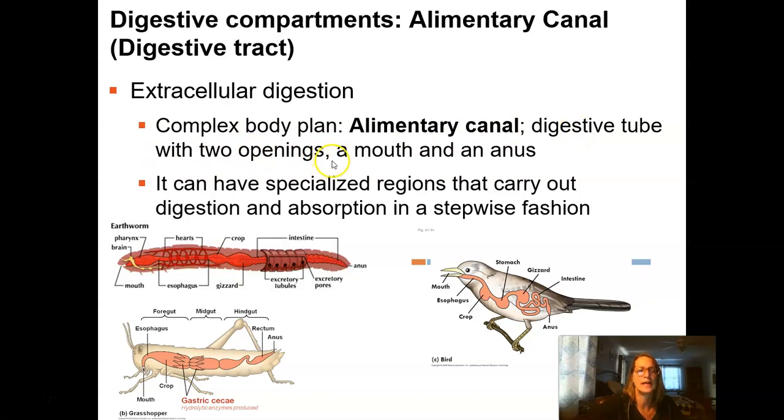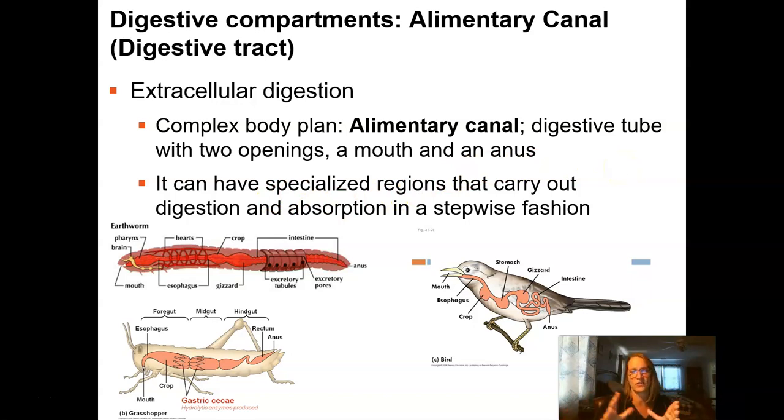Okay, so again, the digestive tract is exposed to or in contact with the outside environment. An alimentary canal has two openings that are exposed to the outside environment, the mouth and the anus. And one of the benefits of the alimentary canal is that it can have stepwise digestion, because it can have specialized regions that carry out the digestion in order.